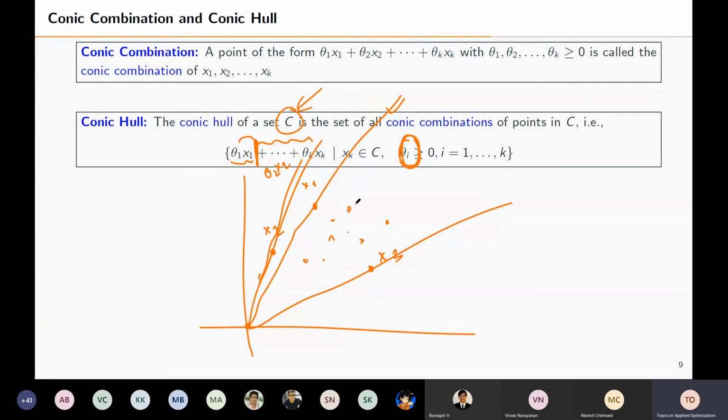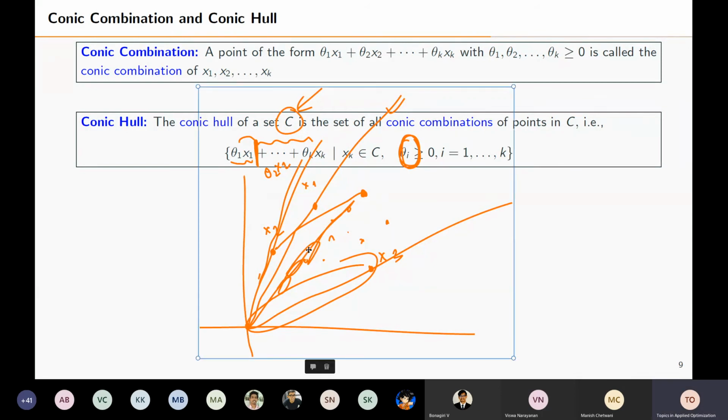Let us say I see a point here. I can generate this point because I can take some portion of this, and some portion of this, and if I add, I get this. I take this vector, do the vector addition that we do, put it here and scale it such that I get this. That's how vector addition works, right?